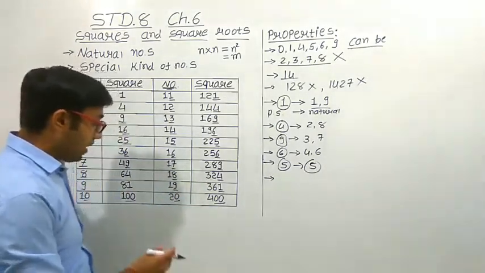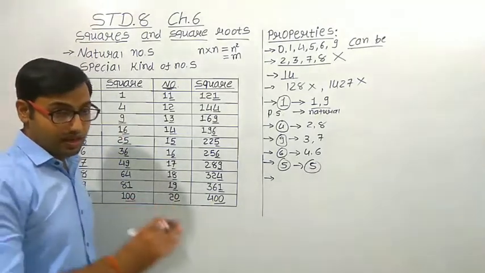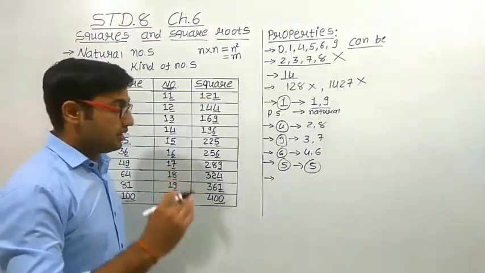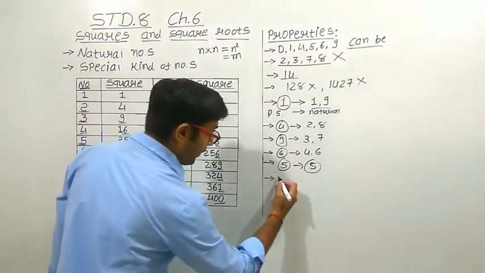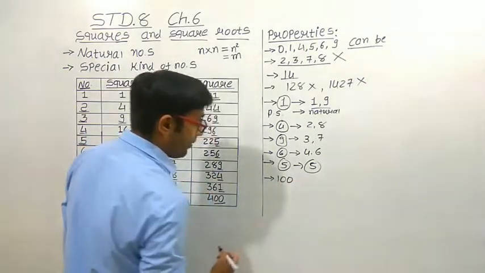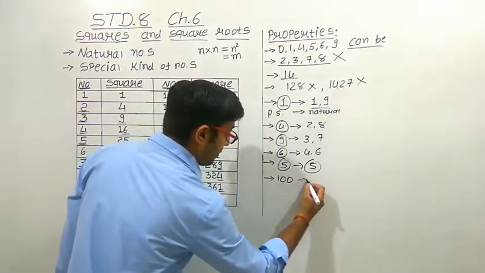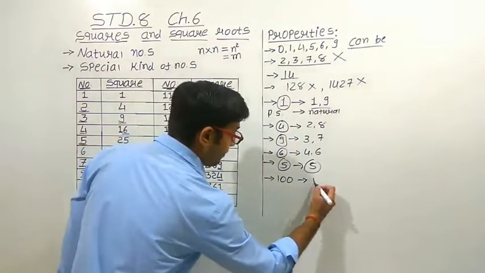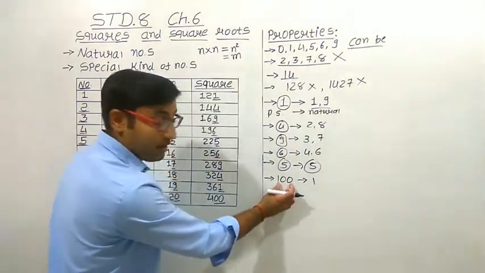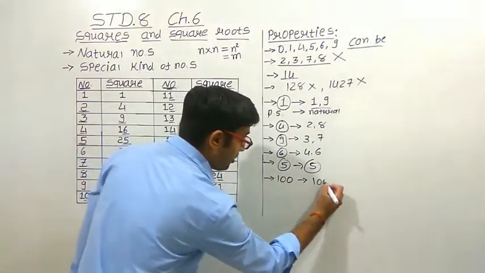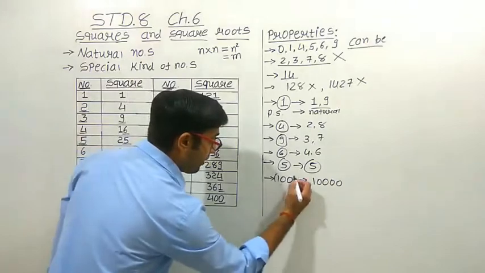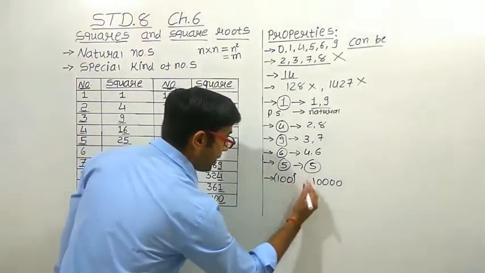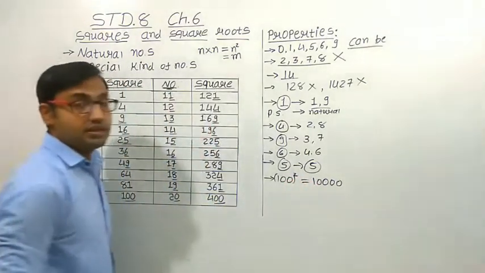If we want to find the square of 100, we get 1, and how many zeros are there? 2. So we have to put 4 zeros here. So 100 square we can write as 10,000.